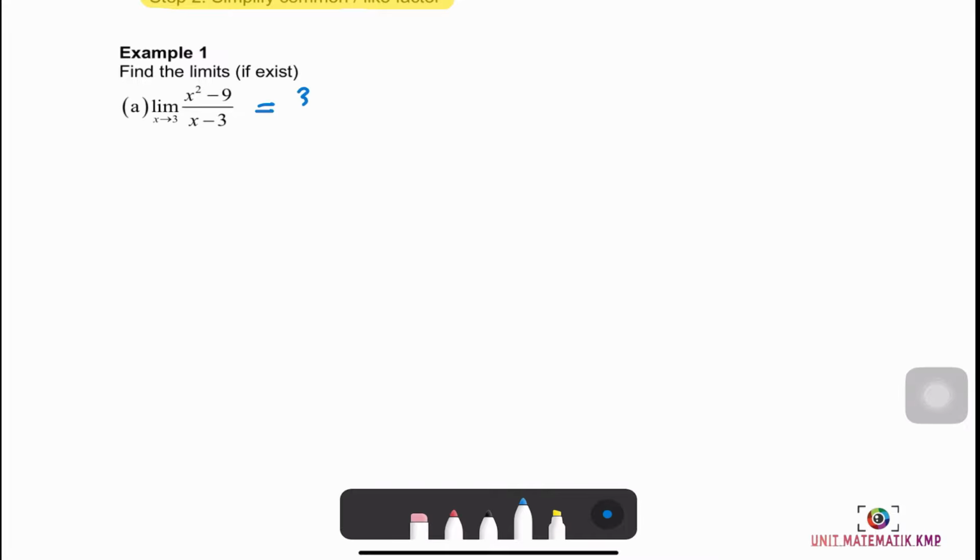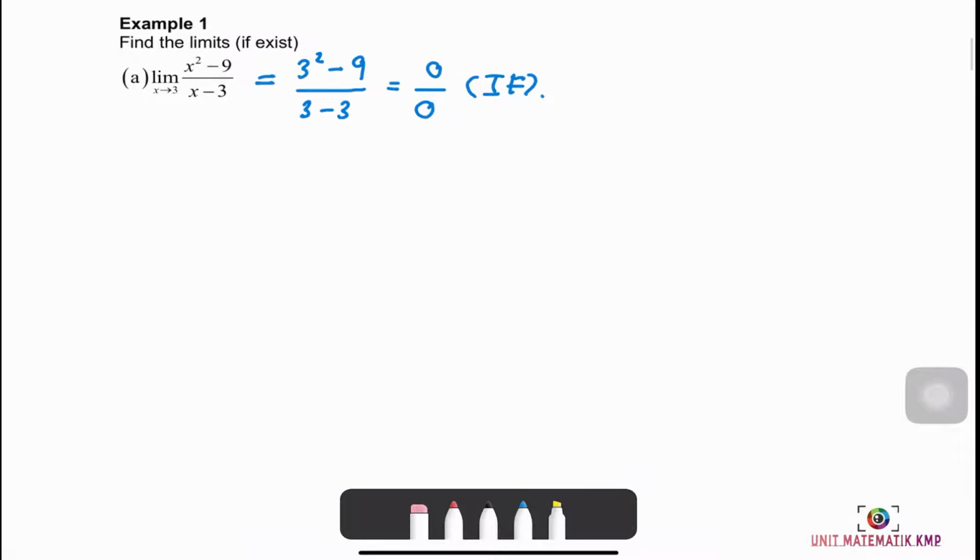We have 3 squared minus 9 over 3 minus 3. The numerator is 0 and the denominator is 0, and this is indeterminate form. So we need to factorize.